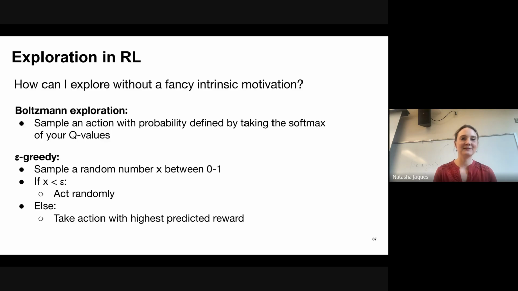Exactly. Okay, so there are two ways to think about this. Epsilon greedy is you sample a random number between 0 and 1. If that number is less than some epsilon, you act completely at random, just a random action. Otherwise, you take your best action that you've estimated so far, right? So this works pretty well, but what epsilon should I set it to?